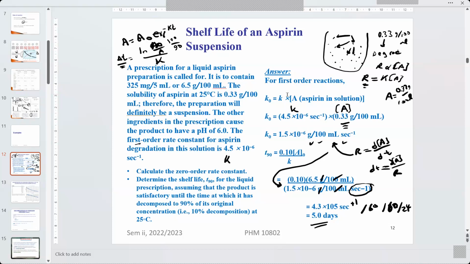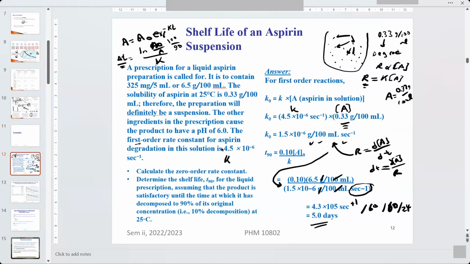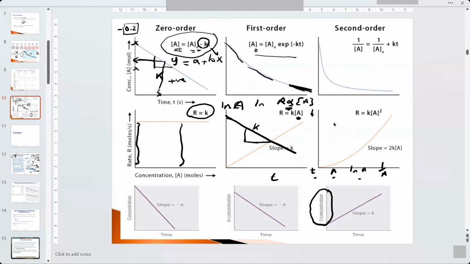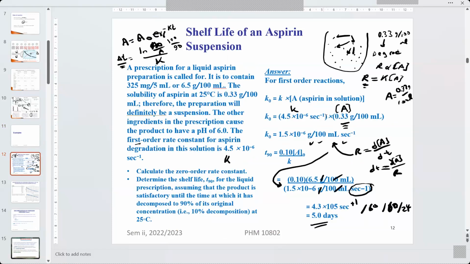Okay, so this is the way to calculate the zero order reaction. If you remember, in the zero order, we said that the reaction rate is constant, it is K. But in case of first order, the reaction rate is equal to K times A. So here we proceed as a first order reaction, but it is stable because A doesn't change.